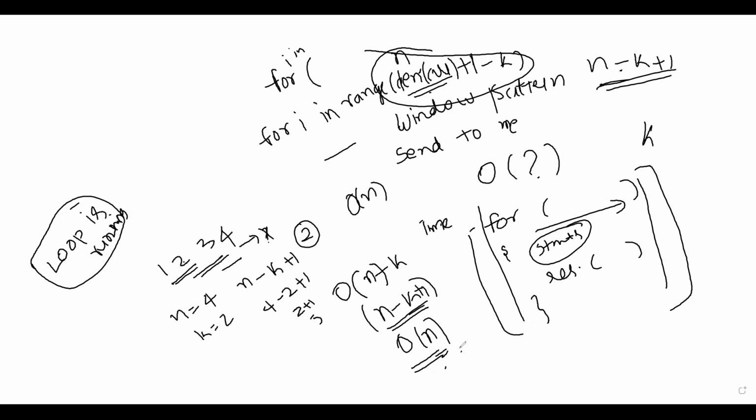You have to calculate based on the condition in the for loop. If you write this code in Python, you have to express this code in terms of this. There is no other way. Okay, clear?